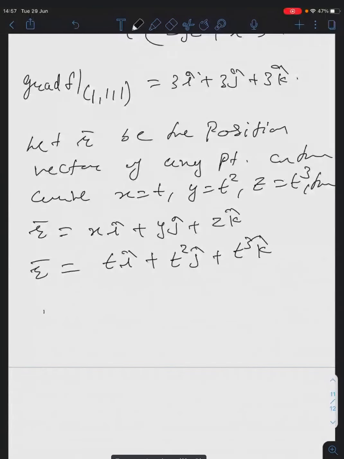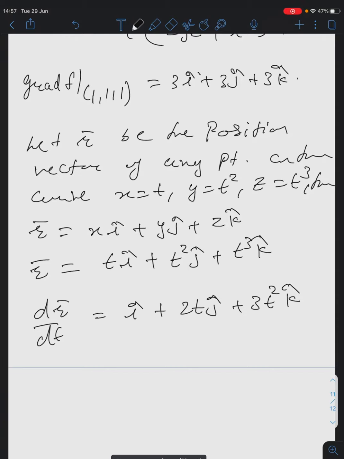So you know that dr bar by dt is the vector along the tangent to the curve. So dr by dt will be equal to i cap plus 2t j cap plus 3t square k cap.